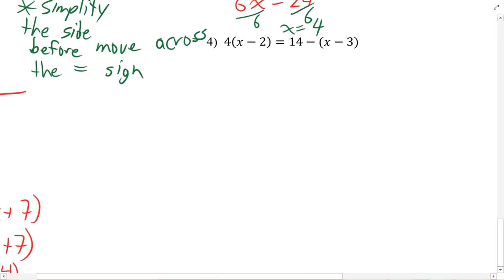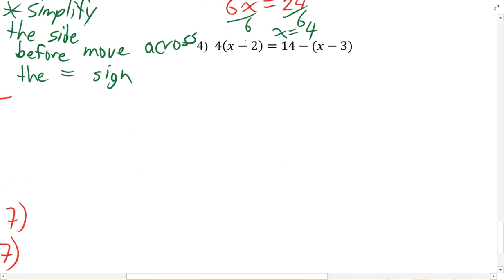Next, so you got to simplify the left side, simplify the right side. So here we're going to multiply in. Here we're going to drop our brackets, but this is subtraction. So we will multiply in or add the opposite, whatever you want to do. Okay, so you got to watch out for subtraction. When you see subtraction, you have to change signs from the inside of the brackets.